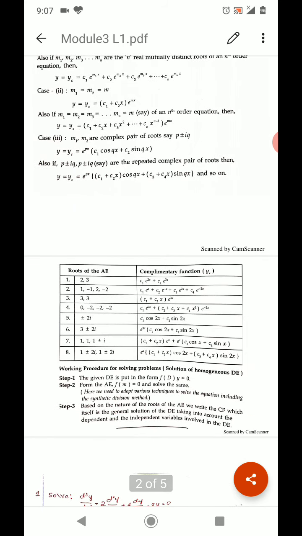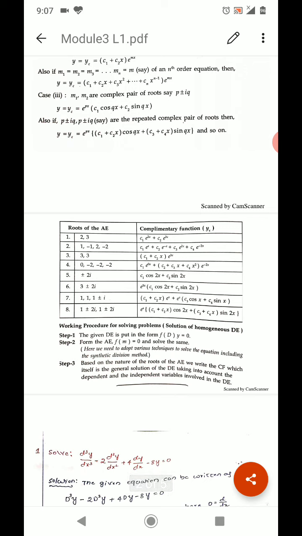So this is a table of different types of roots and their corresponding complementary function. In first example, we have roots 2 and 3, that means real and distinct roots. Therefore the complementary function for those roots becomes c1 e power 2x plus c2 e power 3x.